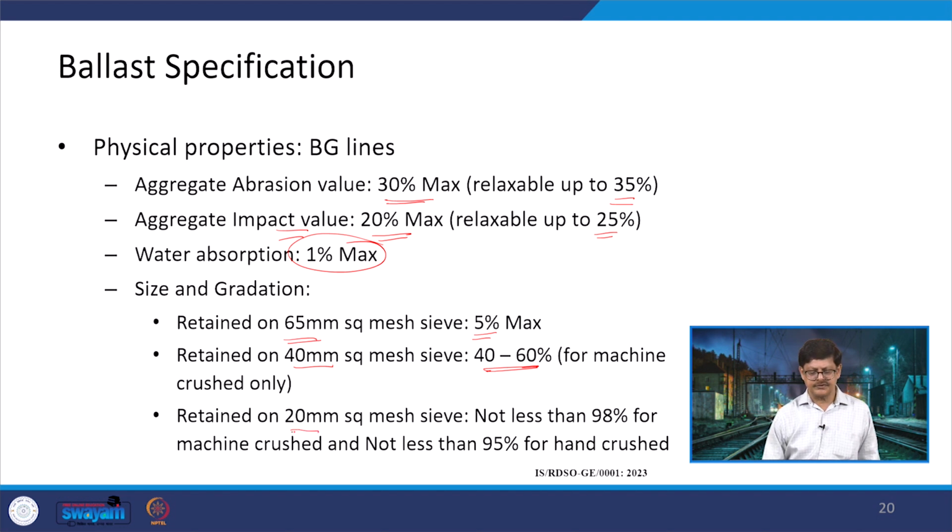And then another sieve size is 20 mm. In this 20 mm, not less than 98% should be retained for machine crushed, and for hand crushed it shall not be less than 95%. So, these are the values. It means you have to go for a sieve analysis to ascertain whether the material being given to you can be used or cannot be used.